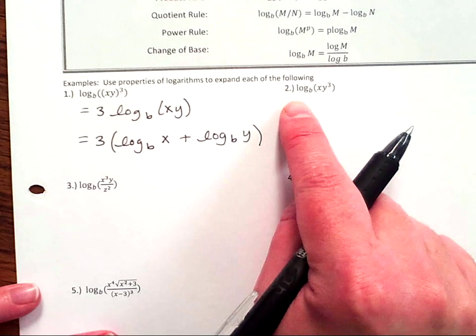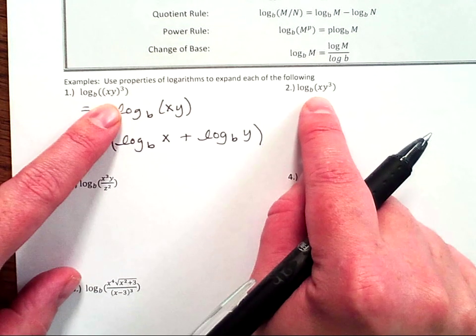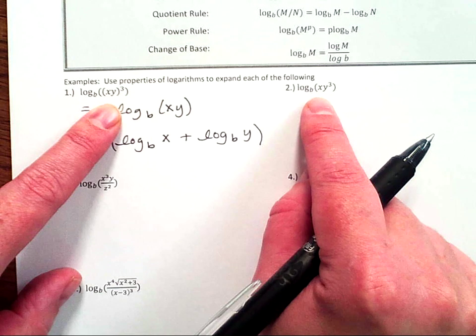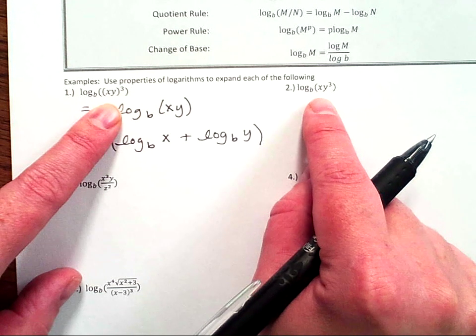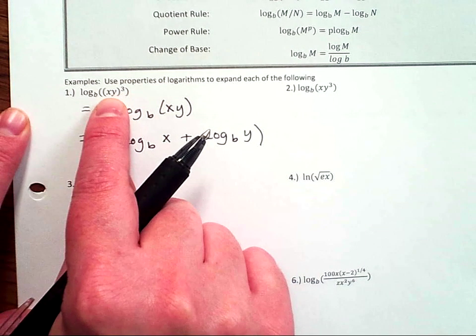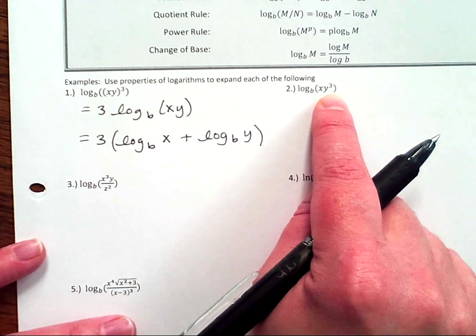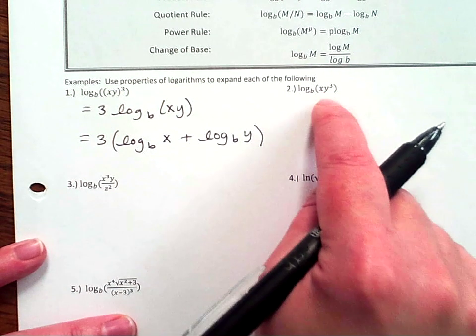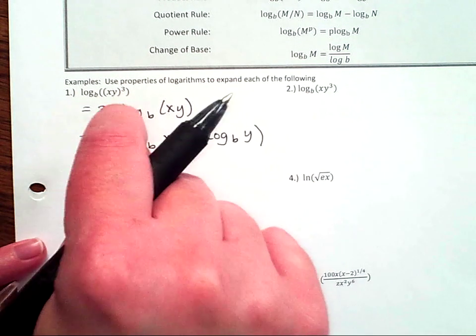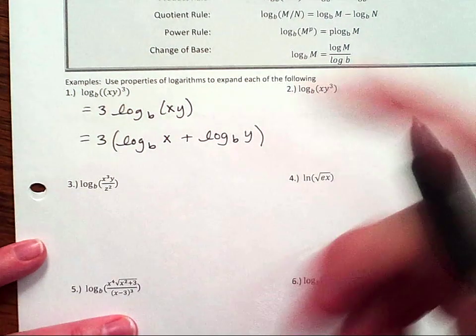All right, let's do number 2. What's different between 1 and 2? Good. So here the 3 is on x and y. Here the 3 is only on y. So first, number 2, I'm going to do the multiplication property, whereas number 1, I did the exponential property first.